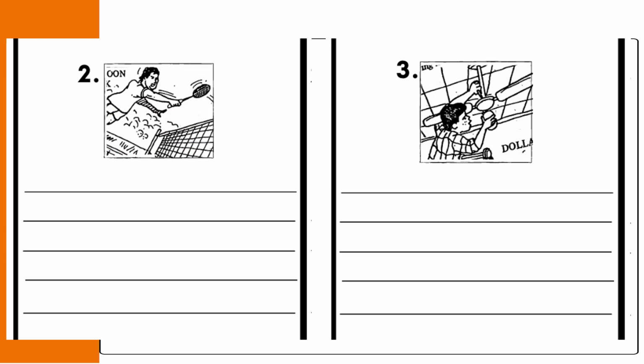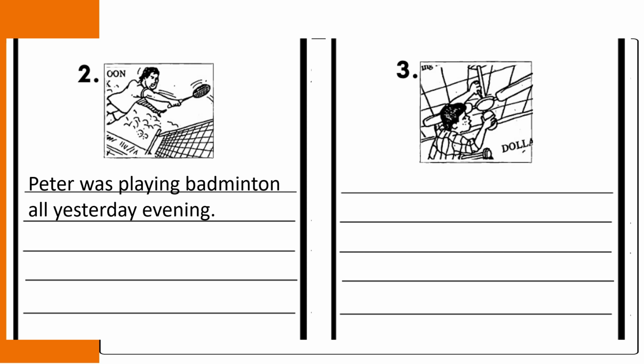Picture number 2. Now again we're going to use the past continuous tense to show action going on at a certain time in the past. So we're going to talk about Peter. 昨天整个傍晚，其实昨天整个傍晚都正在玩 badminton. See the sentence, you see? 整个傍晚 all yesterday evening.